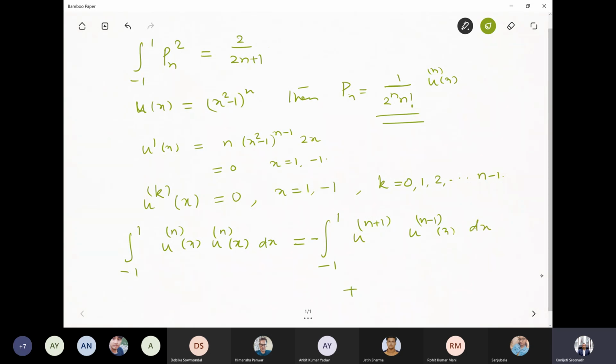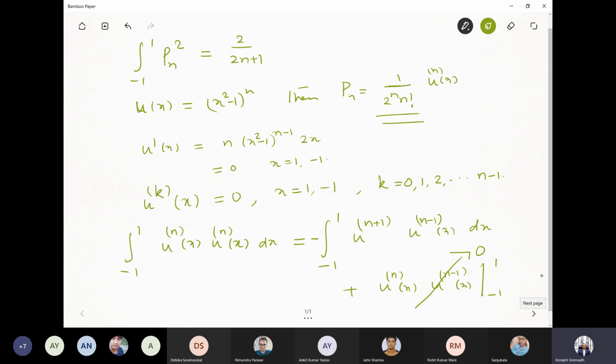So the boundary term is going to be u n x and u n minus 1 x from minus 1 to 1. We know that when you differentiate n minus 1 times and then take x equals 1 and minus 1, this term is going to be 0, right? So this leaves out only the term within the integral.